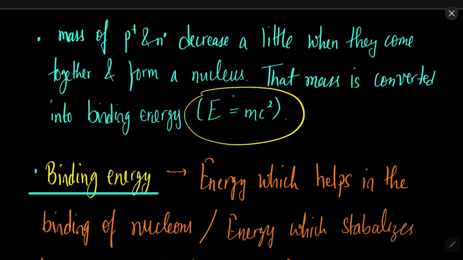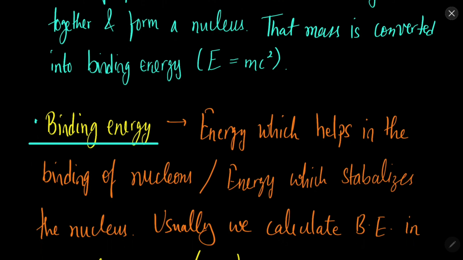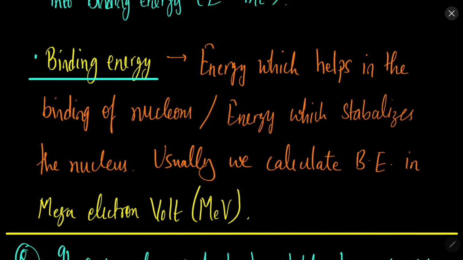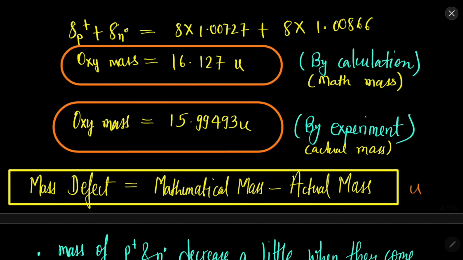How? By the formula E equals mc square, because mass can be converted into energy. The binding energy is the energy which helps in binding the nucleons, or stabilizes the nucleus. Usually binding energy is calculated in mega electron volts, and mass defect is usually calculated in U, the unified mass.